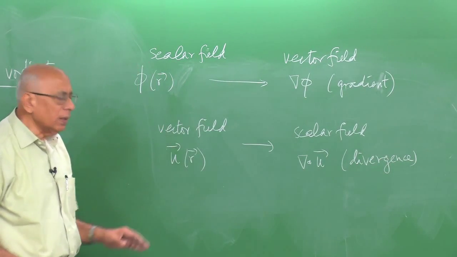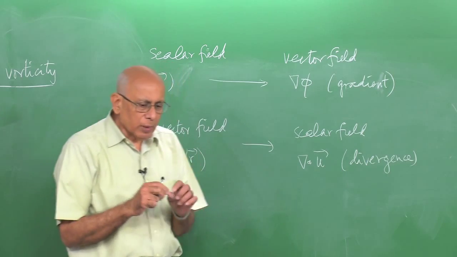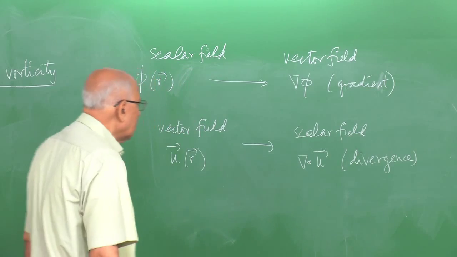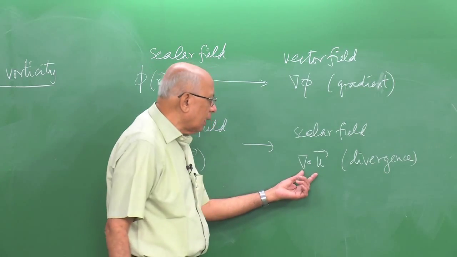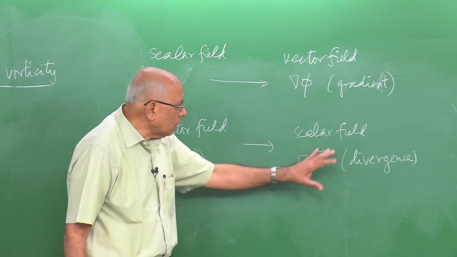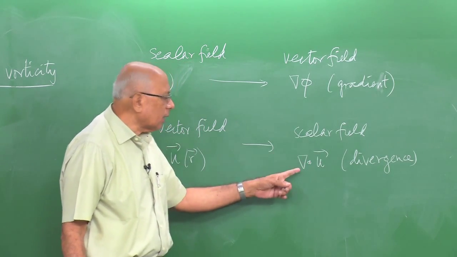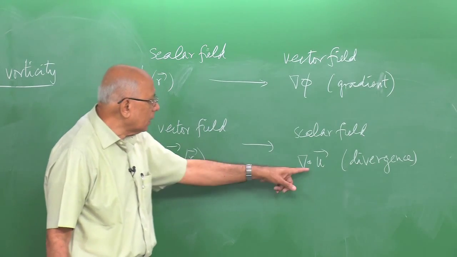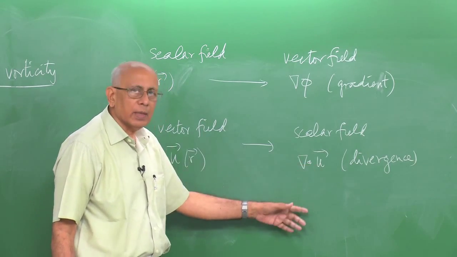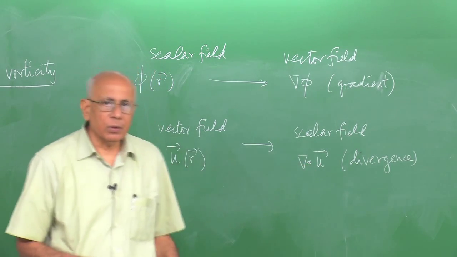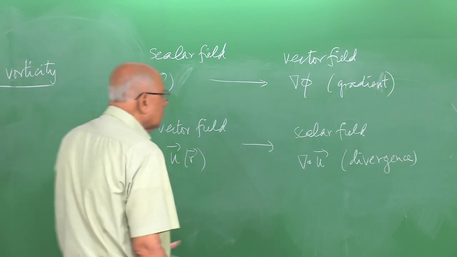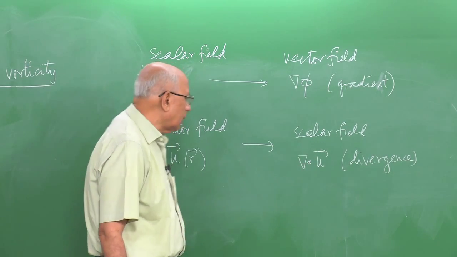Physically, it is equal to the flux per unit volume in the limit in which this volume goes to 0 at any given point r. And we have a formula for it, which is written by writing these out, for instance in Cartesian or any other coordinate system. We can write down what sort of derivatives with respect to the position coordinates this involves. For instance in Cartesian coordinates it is delta u x over delta x plus delta u y over delta y plus delta u z over delta z. But in other coordinate systems it gets a little more intricate, we will not go into that right now.